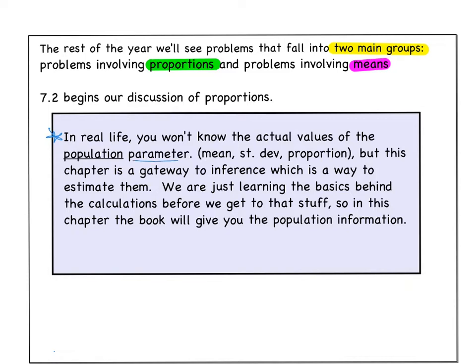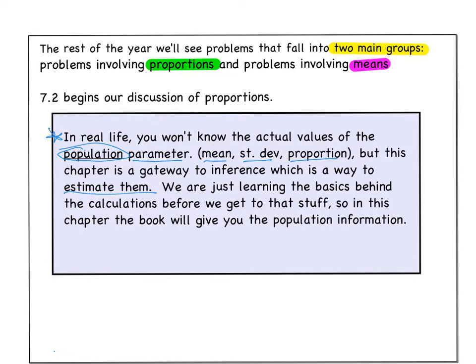A parameter, remember, is anything dealing with the population. It could be a mean, a standard deviation, a proportion, but it's relating back to the population. In real life, we won't know those values. We'll be estimating those values, and we'll take a sample, and based on the sample, we'll estimate the population.